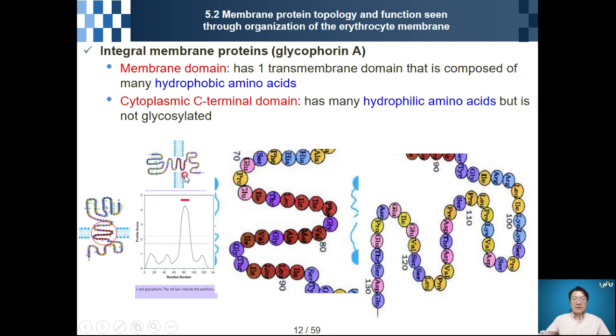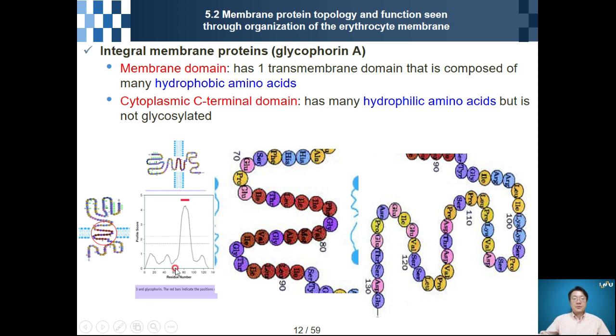This transmembrane domain is composed of many hydrophobic amino acids, such as isoleucine, leucine, valine, and alanine.